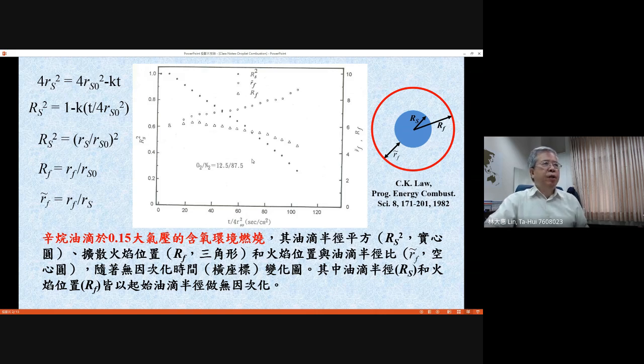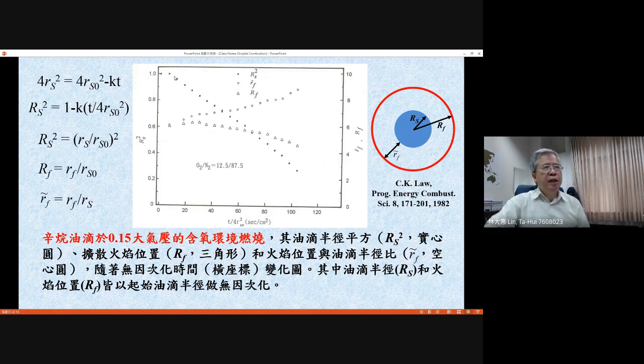At first we look at the Rs square variation, the d square law. The horizontal axis represents the time variation, and the vertical axis represents the variables we will discuss. The first one is Rs square. You can see the solid dots represent the R square, the radius square, that means the droplet surface.